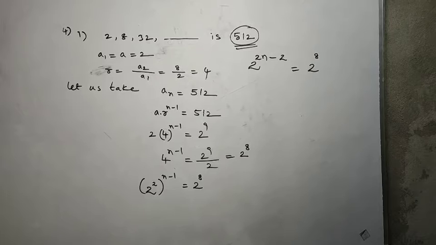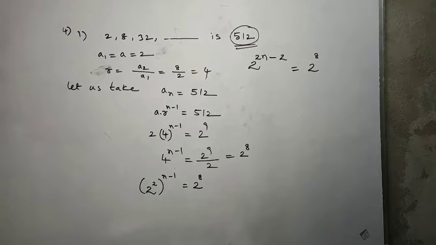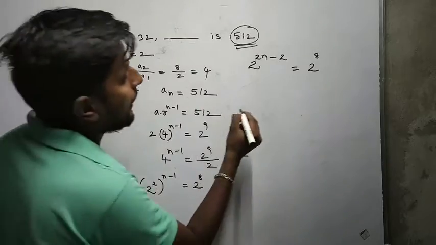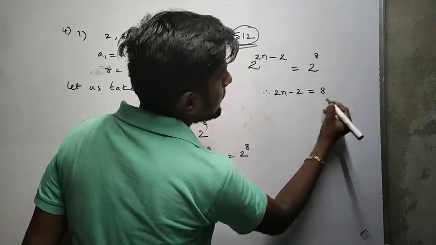So what can you identify there? The bases are equal, so we'll write the exponents also equal. If you compare, the bases are equal there. So finally we can say the powers are also equal. Okay, got it? Therefore 2n minus 2 is equal to 8.